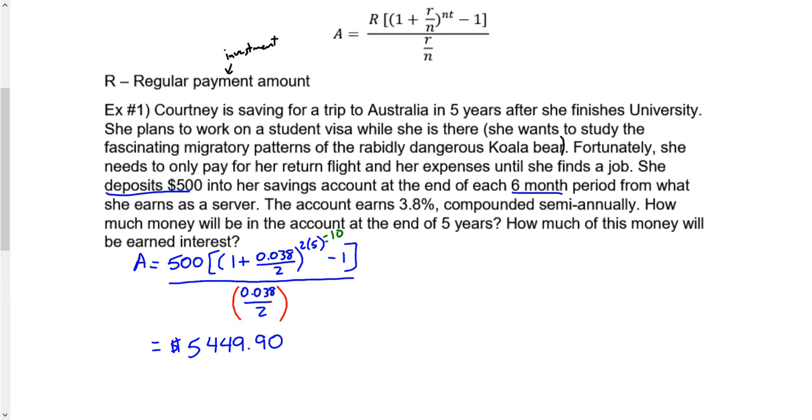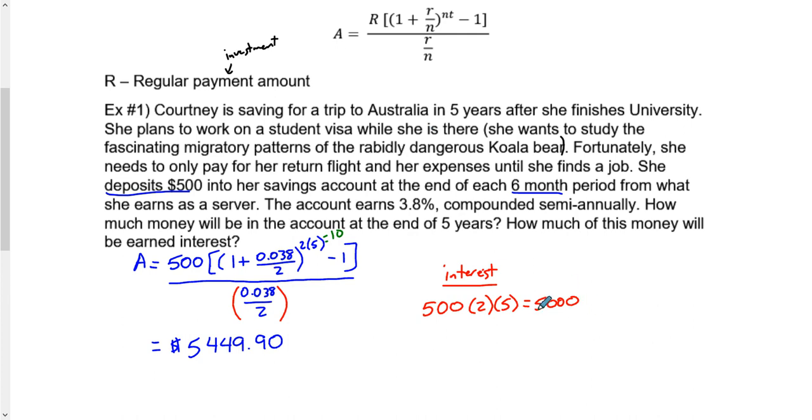The question is then asking, how much money will be interest? Well, if she's able to deposit $500 2 times a year for 5 years, she will have deposited $5,000 into her account.